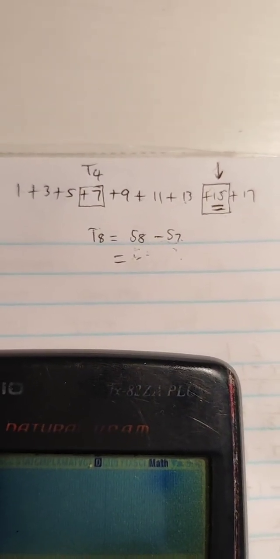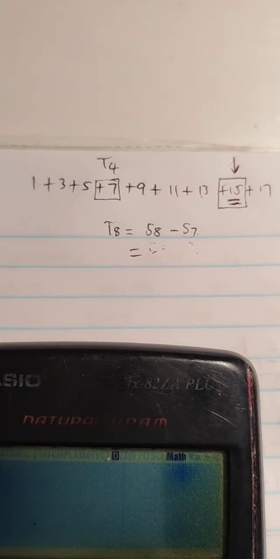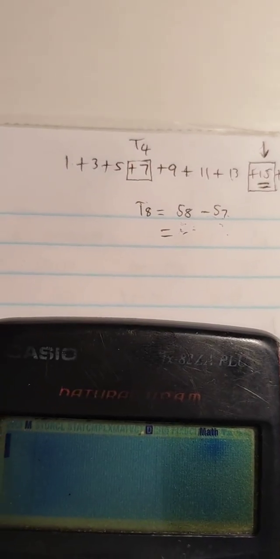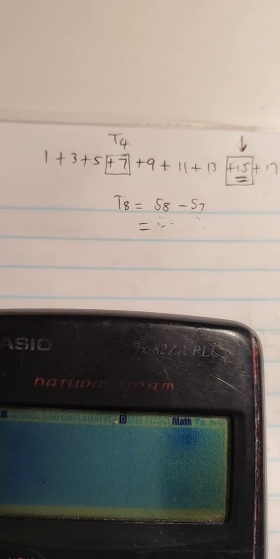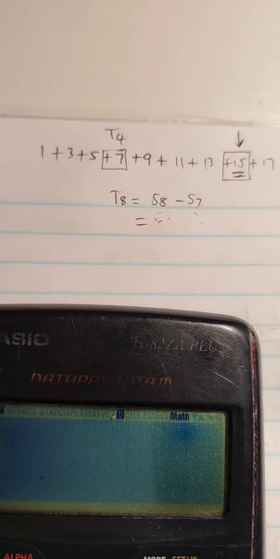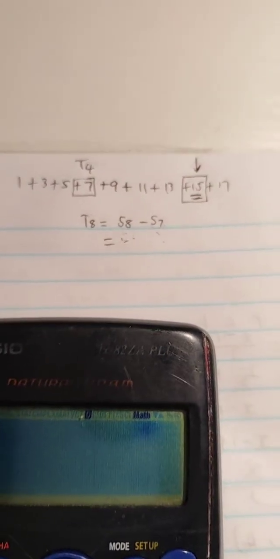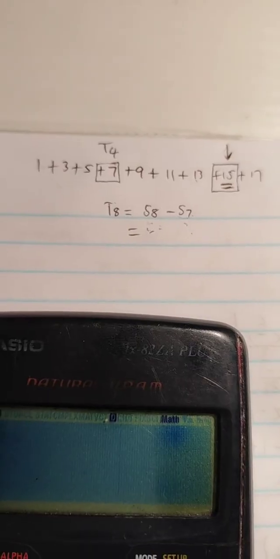So I'm hoping someone in the comment section will tell me that the sum of the first 8 is this total, and the sum of the first 7 is this total. Then I'm going to subtract those two and check if I get term 8, which should be 15, if this thing works.